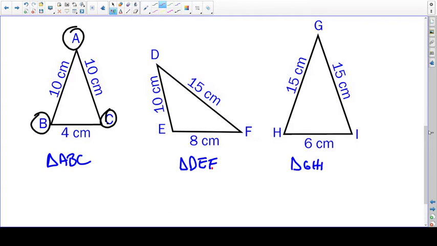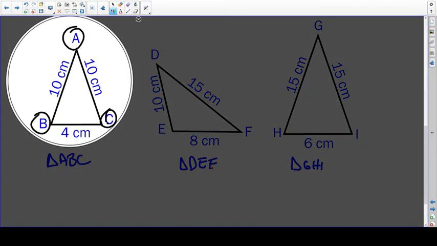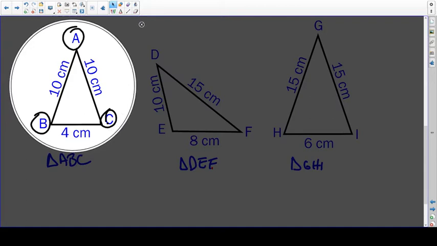So, if we look at triangle ABC, let's actually do it a little bit differently here. Let's take the magic pen and focus on ABC only. There we go. What we see when we take a look at triangle ABC is a triangle where the 2 sides going up are the exact same in length, and they come together and meet in the middle.